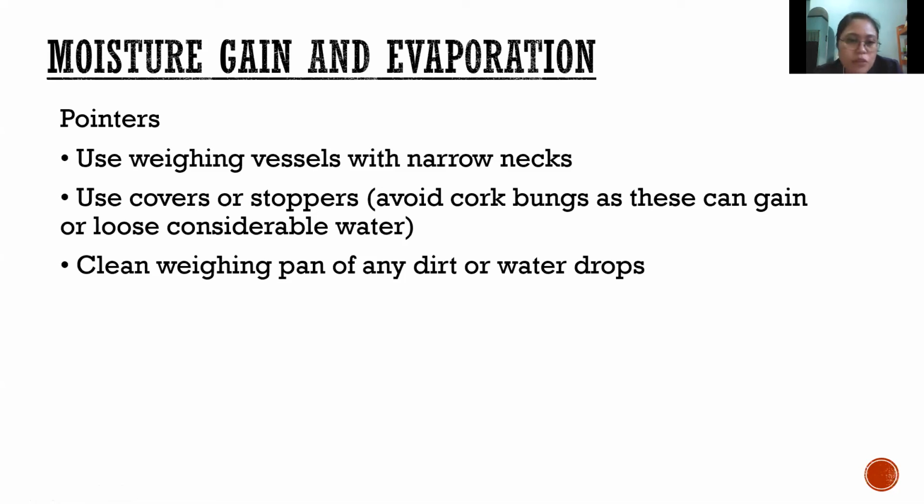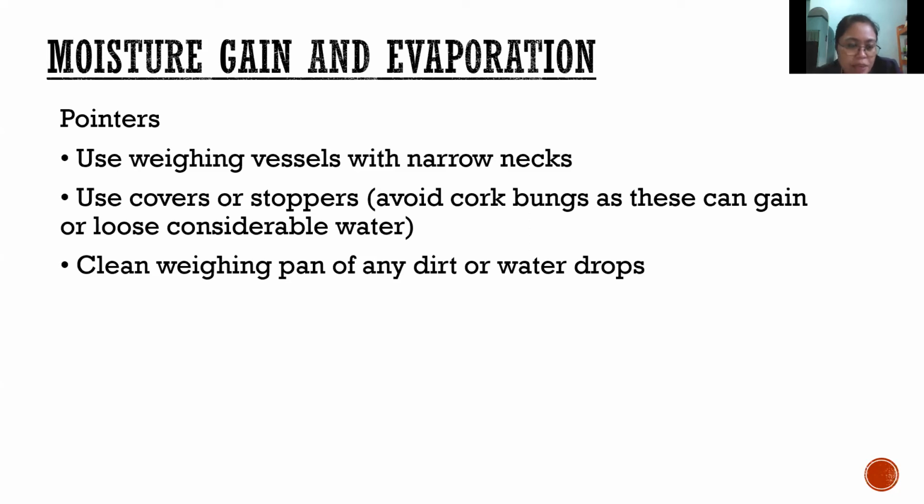And then especially the most important thing is to use covers or stoppers para walay air and dili siya mag-volatilize. But avoid using cork bungs kay dili siya ka-accurate when it comes to covering your material.